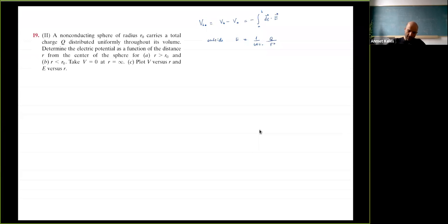So inside, I need to do a little bit of algebra. Inside, let's do it here. So it was like E dot dA, and E times 4 pi R squared is the area. On the right-hand side, I have total charge inside, which is rho times 4/3 pi R cube.